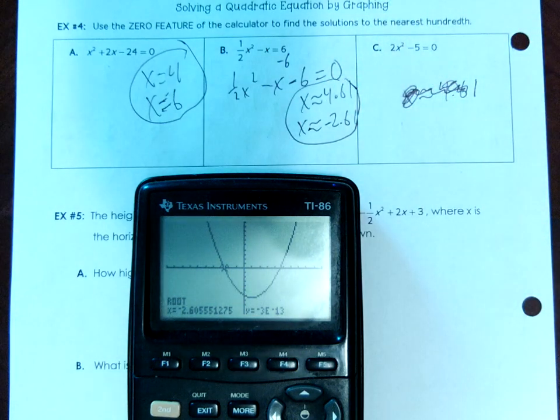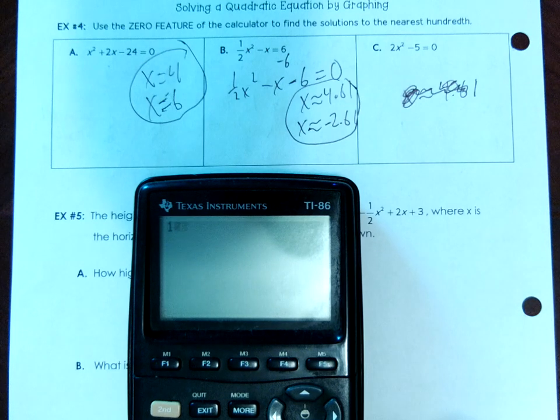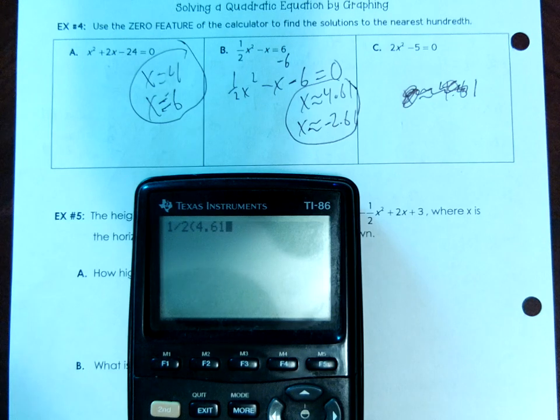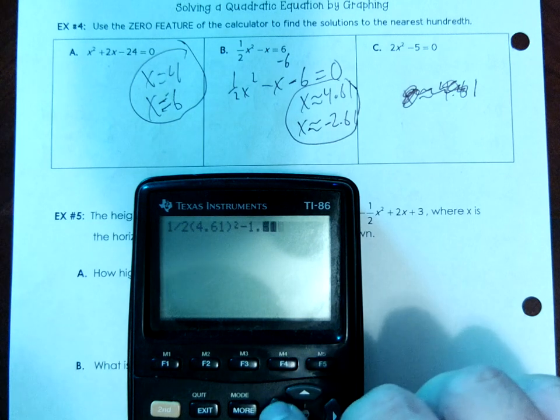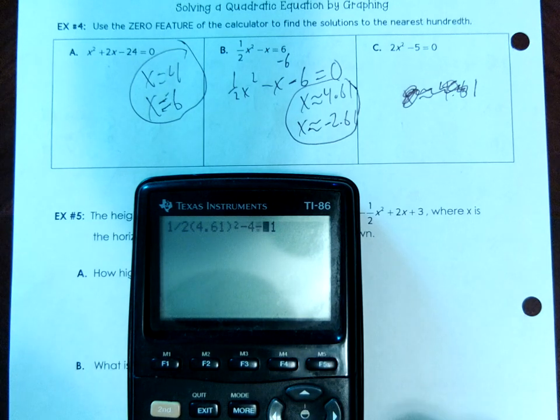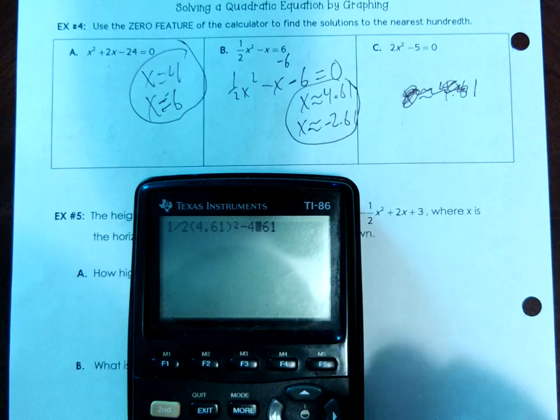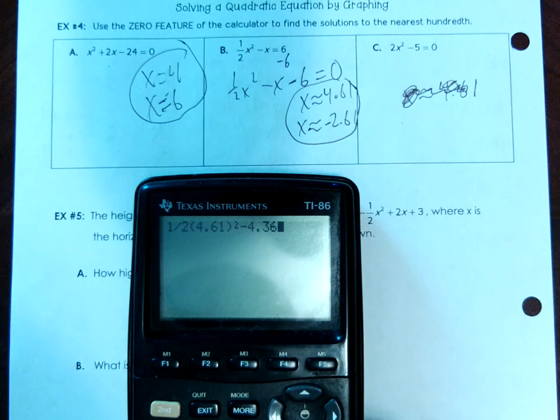Now again, I can verify those two solutions by putting them back in for x and seeing if they actually do work. It's not going to be exactly 0 when you plug those in though, because we did have some rounding. So when I do 1/2 times, let's do a parenthesis, 4.61 quantity squared minus 4.61 minus 6, this might not be exactly 0.